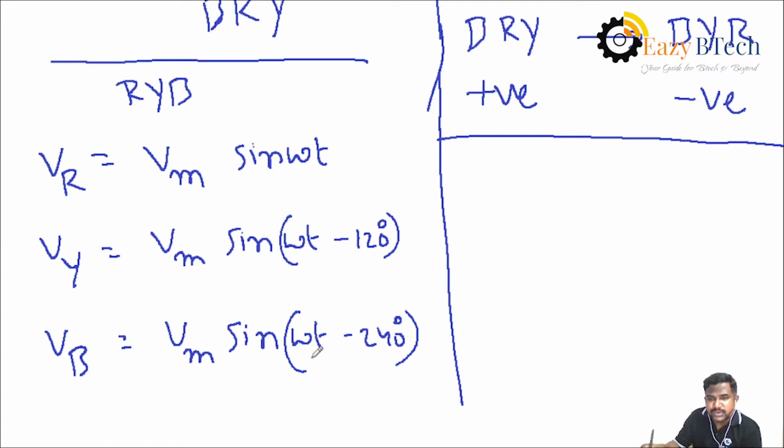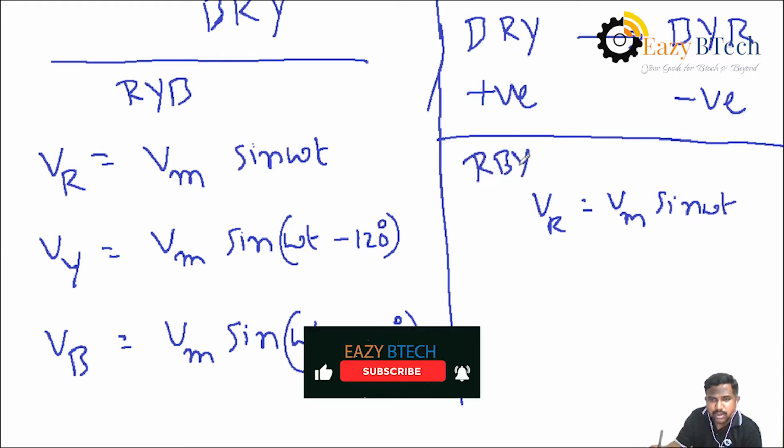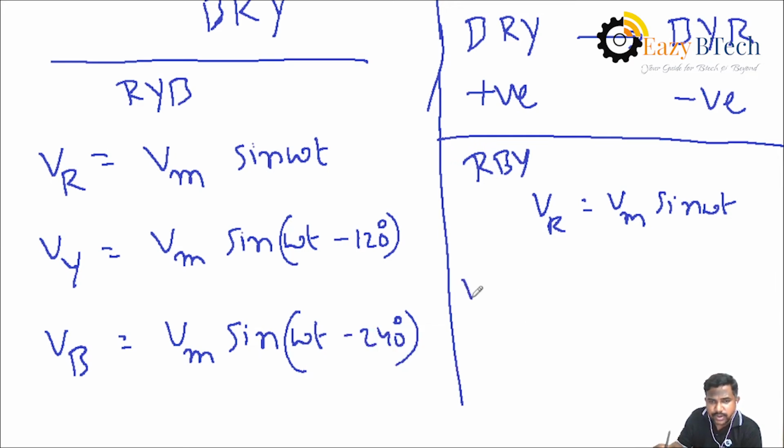In case of negative sequence, what is the first one? Same, VR, that is Vm sin omega t. The negative sequence is, for example, RBY. Y and B phases are reversed. Then what about the next one, VB?